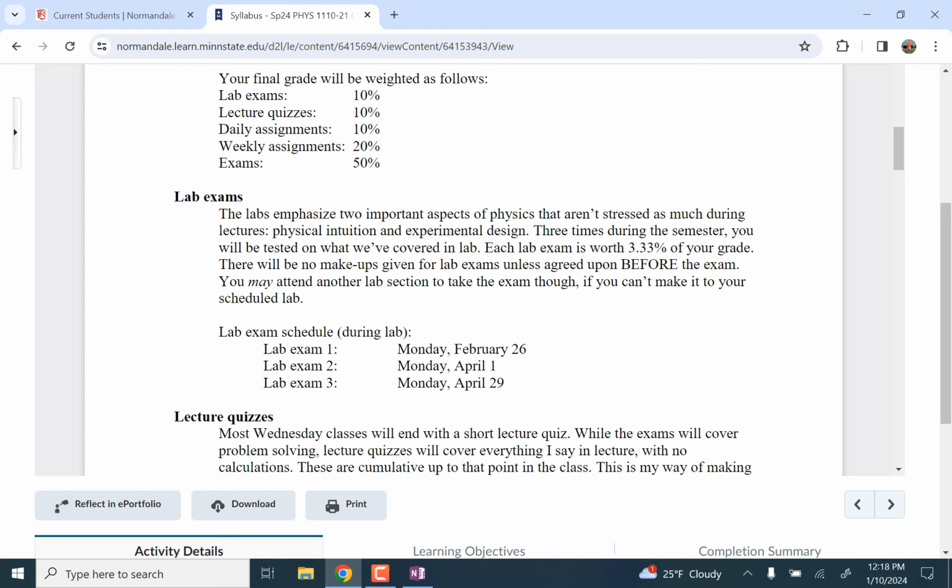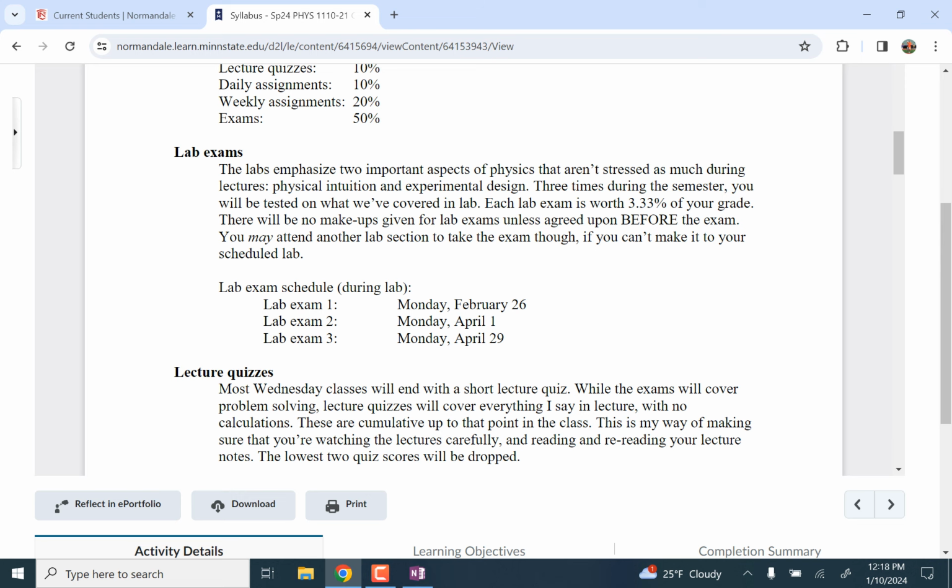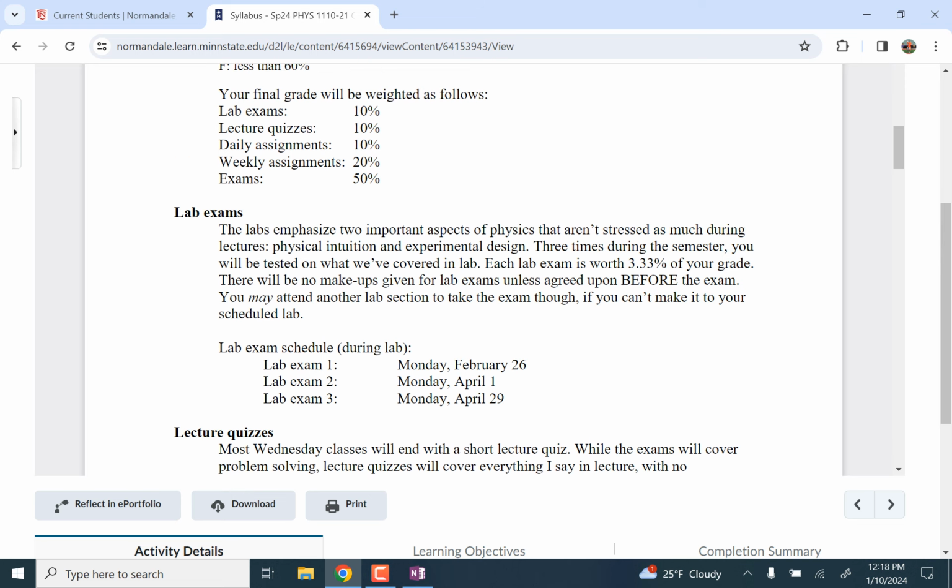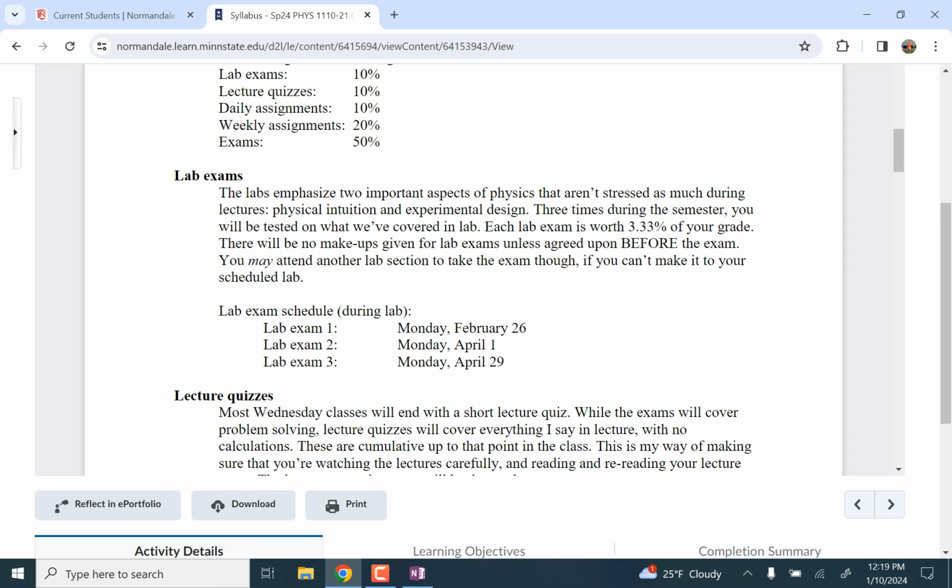So now I'm going to go through each of these five categories and just describe what to expect from each of those. So lab exams. This is a lab class. You have to do the lab part to pass the class.